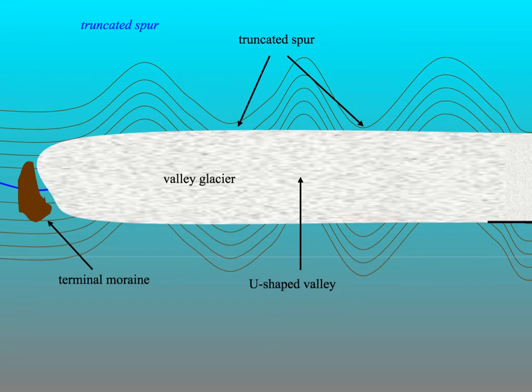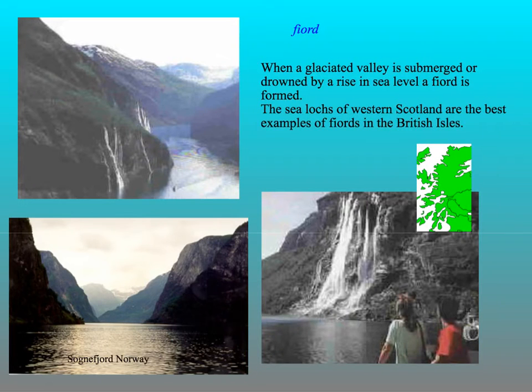So we've got the U-shaped valley when the glacier retreats, and you've got the truncated spurs at the side of the U-shaped valley. Now, fjords, there's plenty in Scotland, are formed when a glacial valley, so a U-shaped valley or a glacial trough, gets drowned by the rise in sea levels, so the whole valley is covered in water.